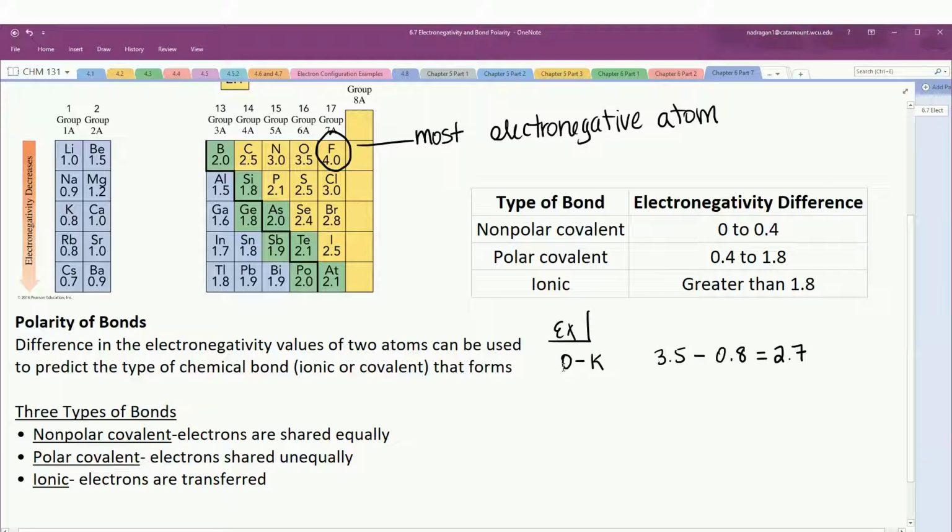So a bond between oxygen and potassium is ionic. Next, chlorine and arsenic. Chlorine has an electronegativity value of 3.0, minus arsenic at 2.0. That gives us a difference of 1.0. So between 0.4 and 1.8 is polar covalent.